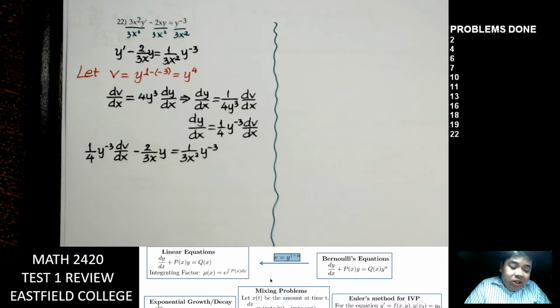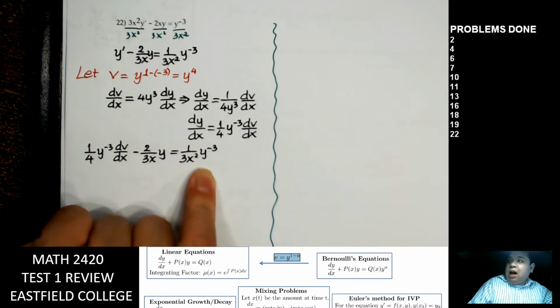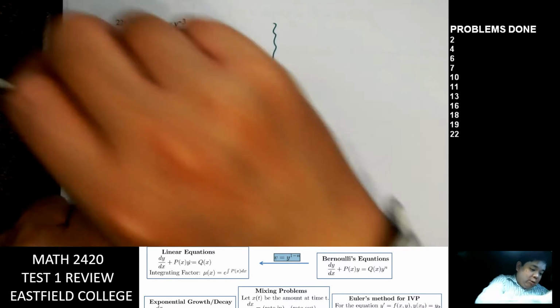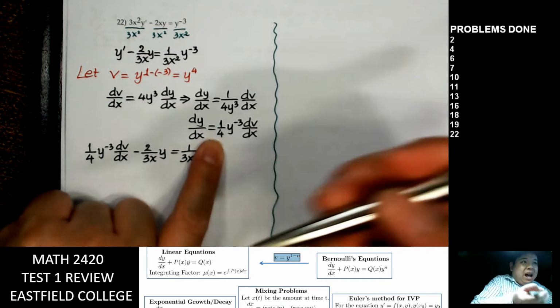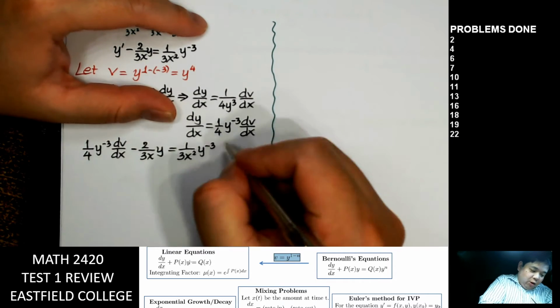Right, what we see here is that if we make the substitution, we should get back to a linear equation, and the linear equation doesn't have the y on this side. So we have to multiply by y cubed to get rid of this. So that will turn into the linear equation like that on the right.